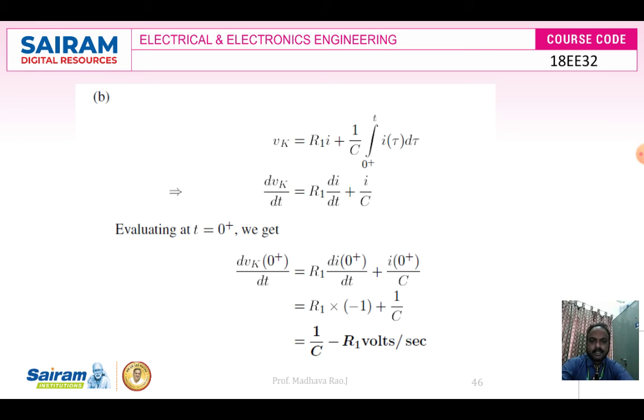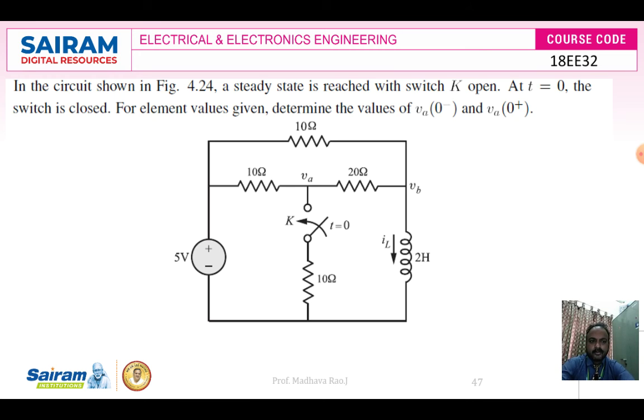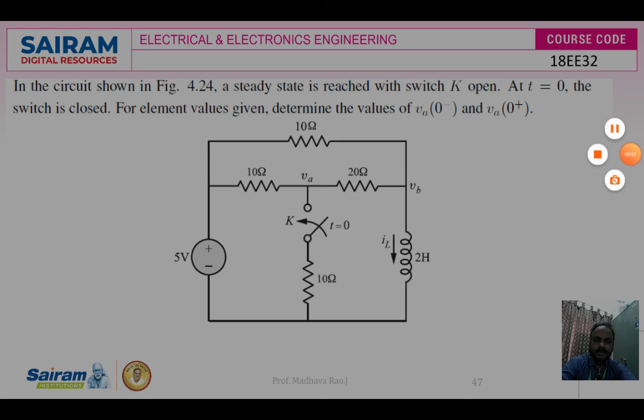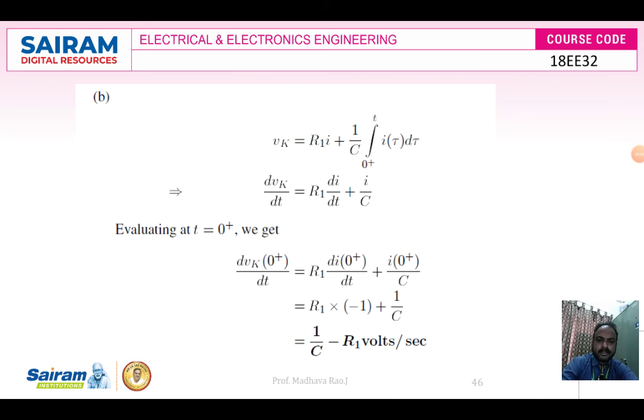So this is the problem. We can expect this type of problem in examinations. The simple thing is to use KVL. If you remember the formulas for voltage across the capacitor, voltage across the inductor, current flowing through the inductor and current flowing through the capacitor, these types of problems are very, very easy.